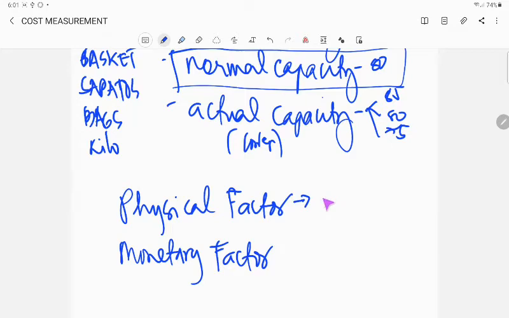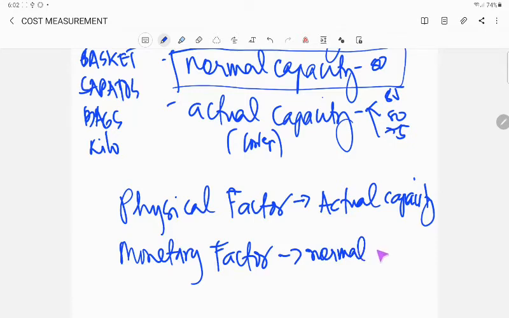Physical factor, ang ginagamit natin, actual. Actual production, pwede rin naman gawa natin na lang actual capacity in producing goods. Ang monetary factor, ang ginagamit mo dyan ay normal capacity. Kailan? Pag ang ginagamit natin ay normal costing or standard costing.